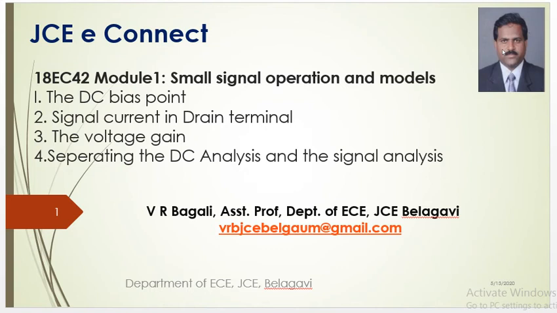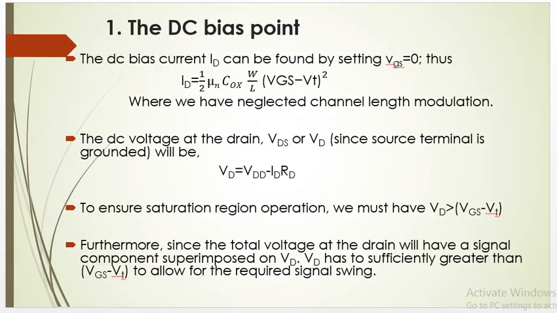To begin with, the concepts. The DC bias point. We know that the saturation current is given by ID equal to half mu n COX W by L times (VGS minus VT) squared.